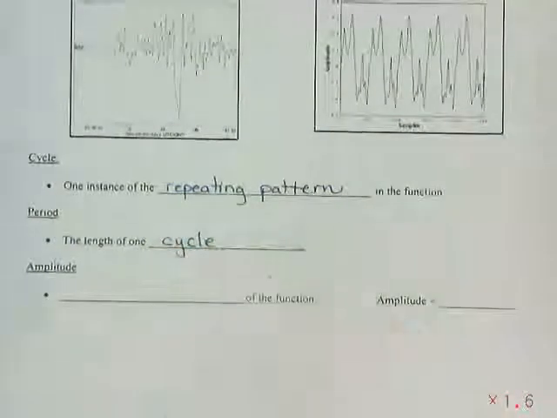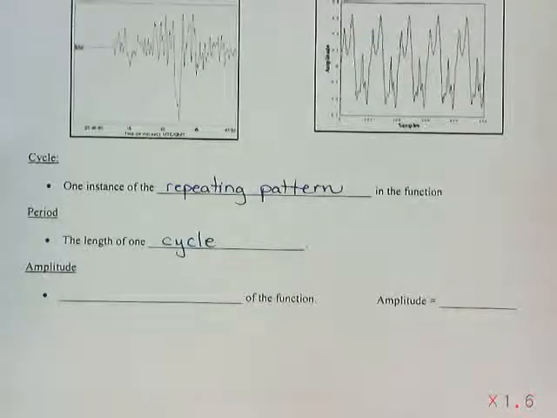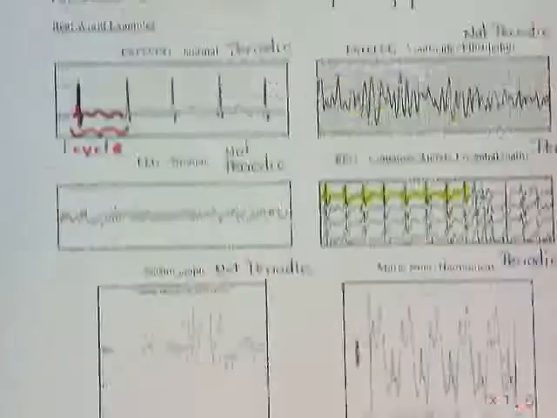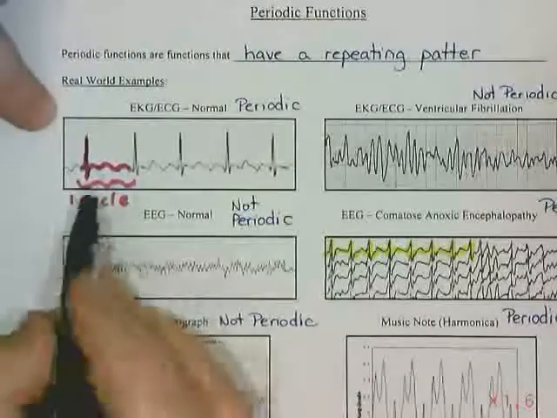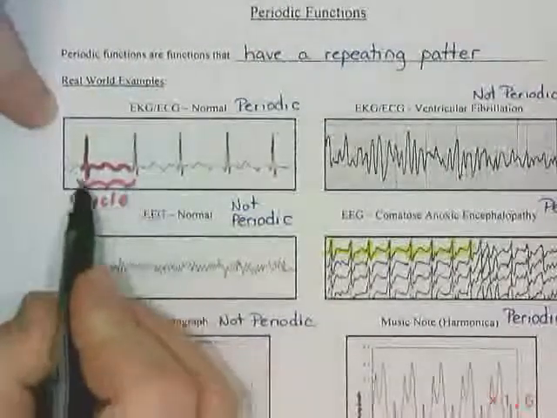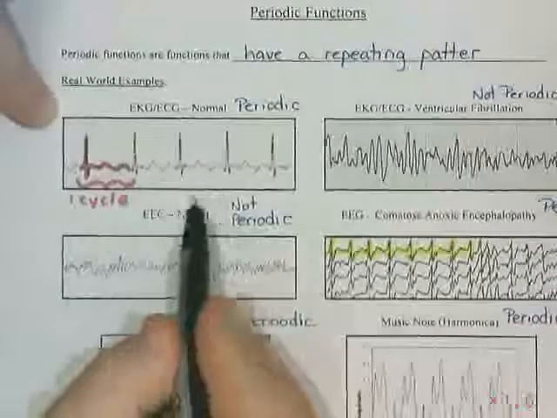Now this could be measured in time, it could be measured in centimeters or millimeters or inches. It just depends on what it is that we're looking at here. So on this one, your heartbeat would have been measured over time, so your cycle would be how many seconds or milliseconds it would take for it to have the next beat.